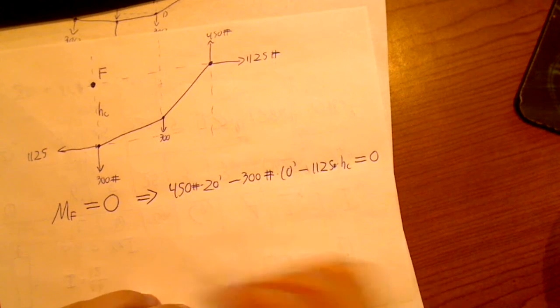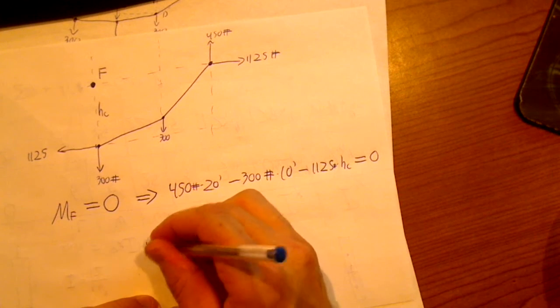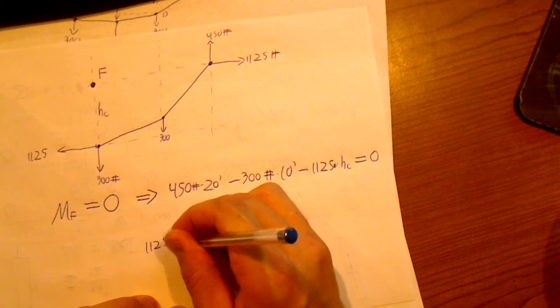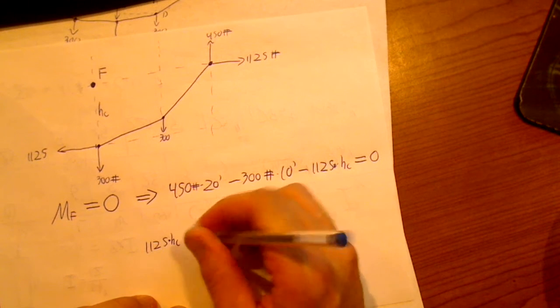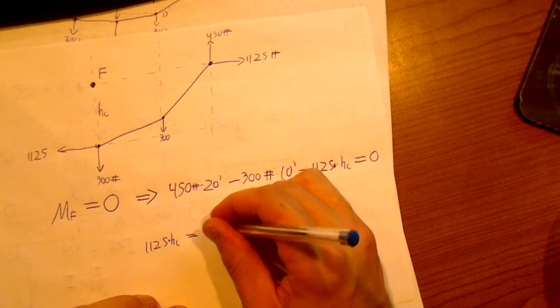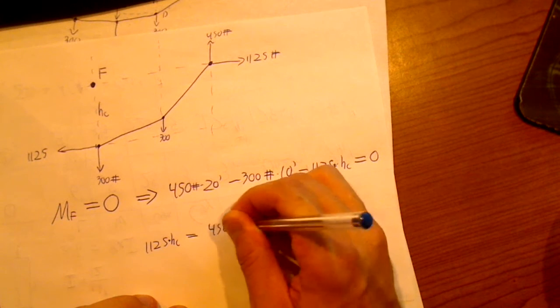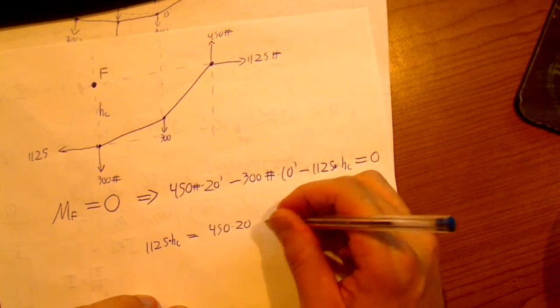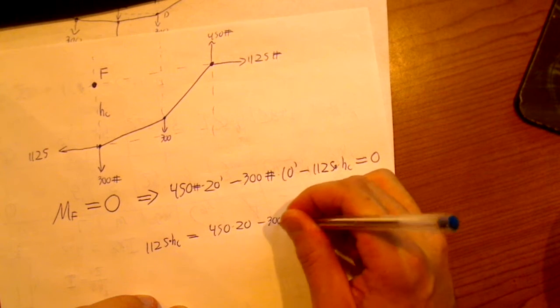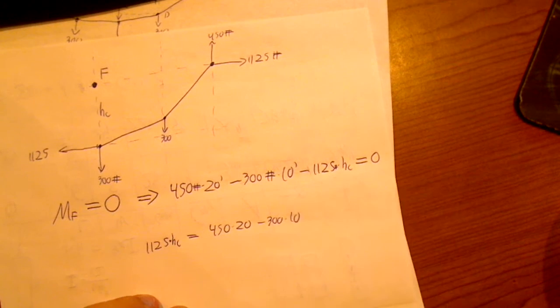Now, we solve this. See, we have 1125 HC equals 450 times 20 minus 300 times 10.